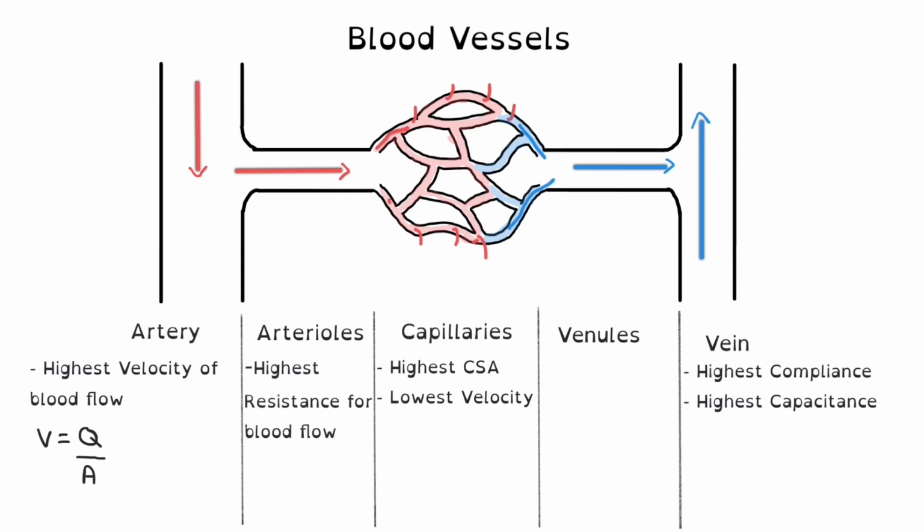What we need to know about capacitance is that you can imagine if someone is going from supine position to standing, when we go into standing position, our veins have the ability to hold large amounts of blood. This is what we call capacitance. 70% of our blood can be held within the veins. So it's important to know that these are the main two properties we want to be aware of regarding the veins.